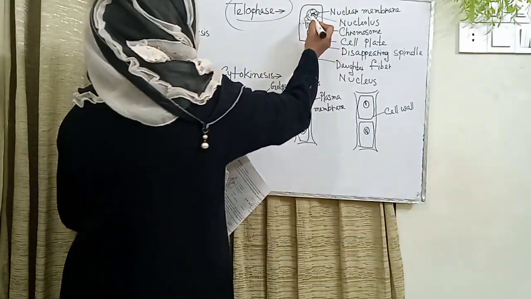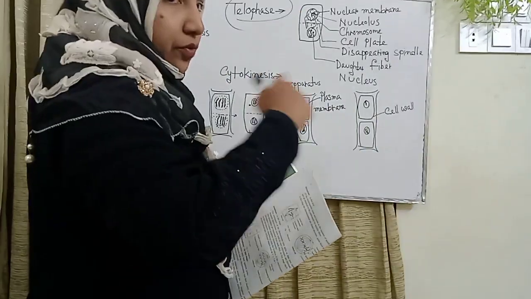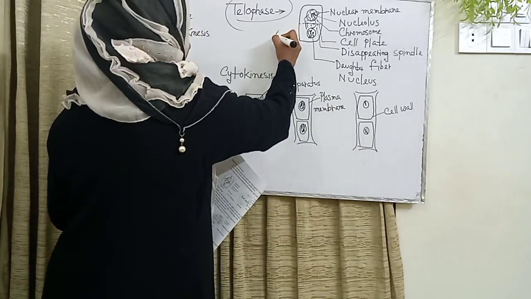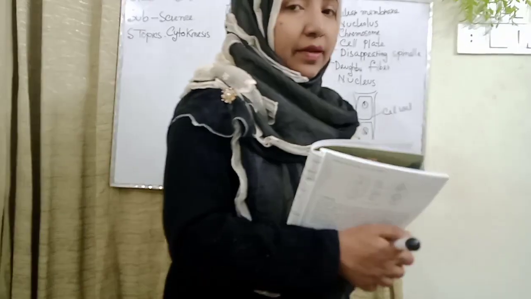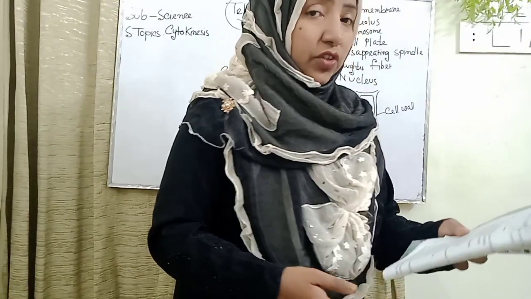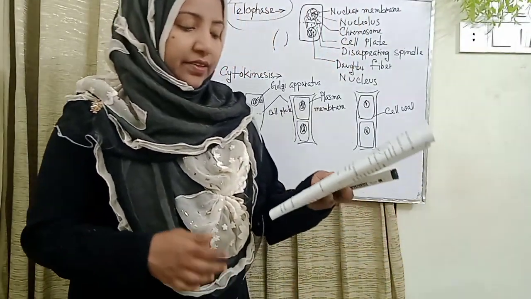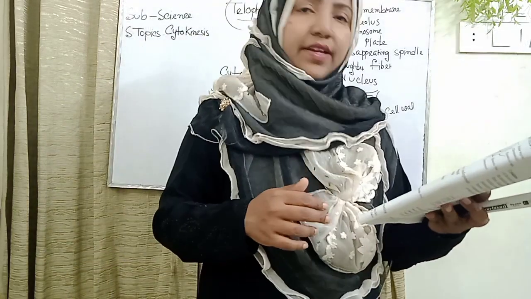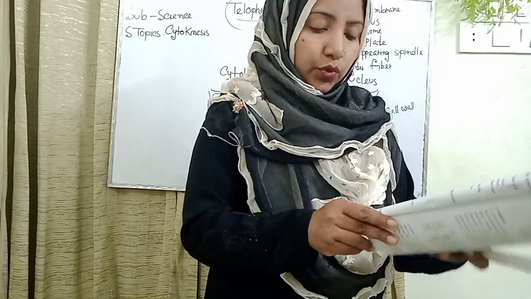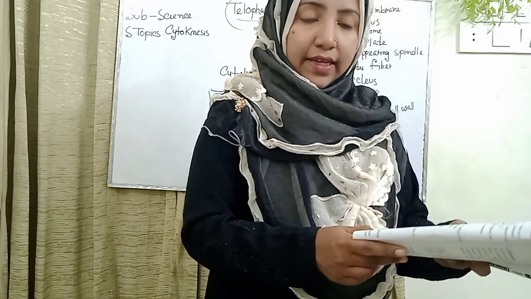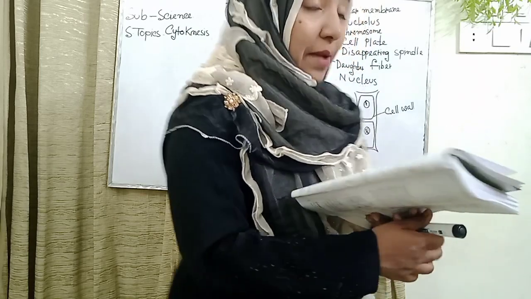Here I draw another category. This structure is the spindle fiber, and in the telophase stage it is disappearing. Third, finally the nuclear membrane reappears around the two daughter nuclei, and the nucleolus also reappears.